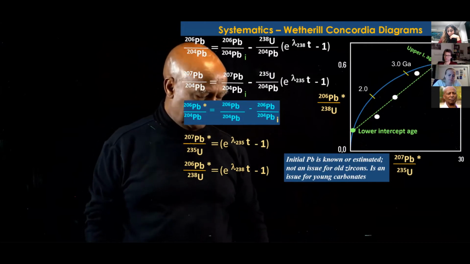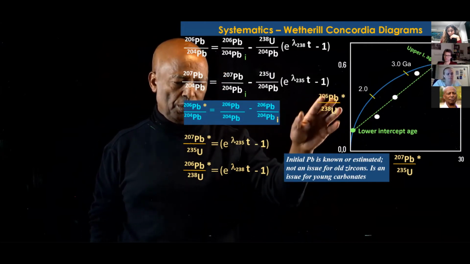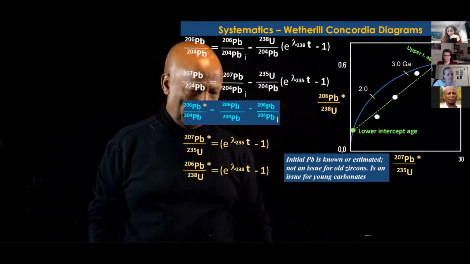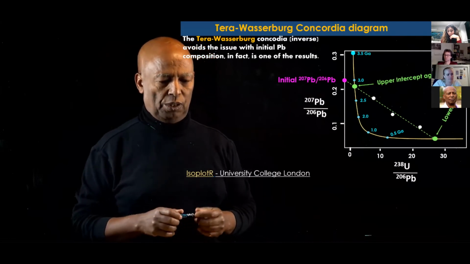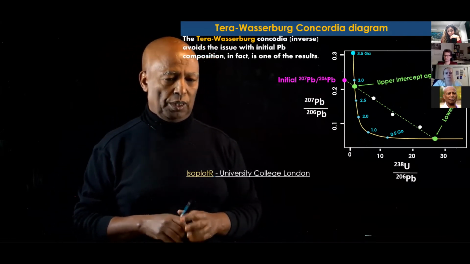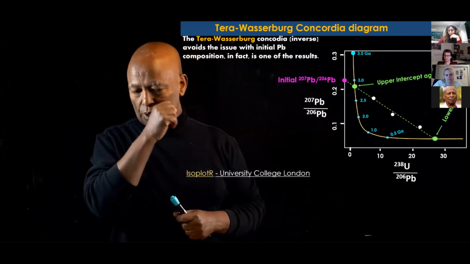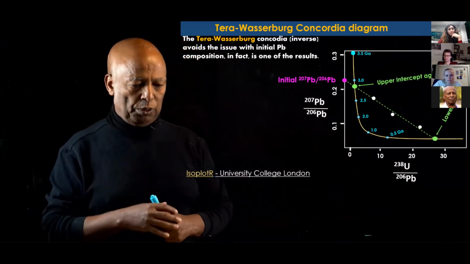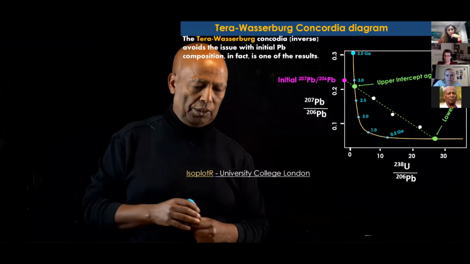For carbonates, because of this limit on knowing the initial, there is another formulation of this, what's called the Tera-Wasserburg Concordia diagram. This was developed by Tera and Jerry Wasserburg at Caltech, a few decades ago.